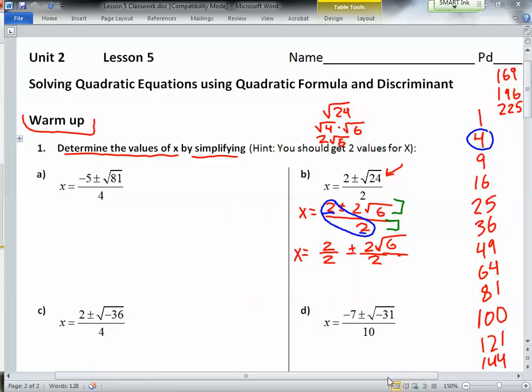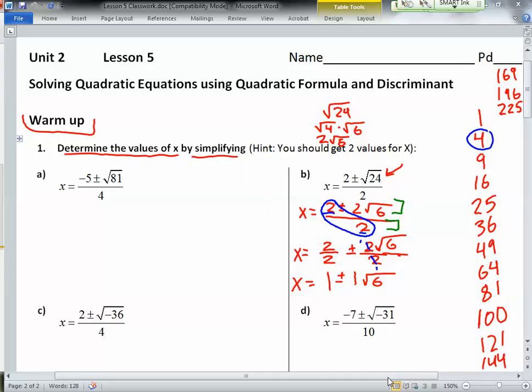So now I can just simplify this, and I can say x is equal to 2 divided by 2 is 1, and I get plus or minus. And I can simplify this because I have a 2 on the top and a 2 on the bottom. So they each cancel out to a 1. And so I get x is equal to 1 plus or minus 1 times the square root of 6.